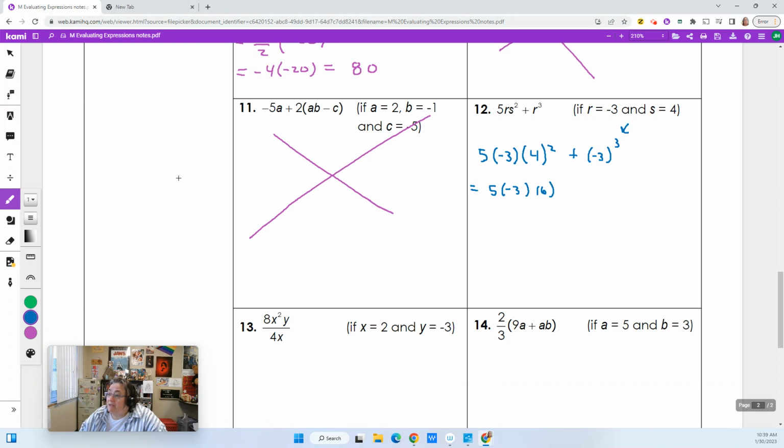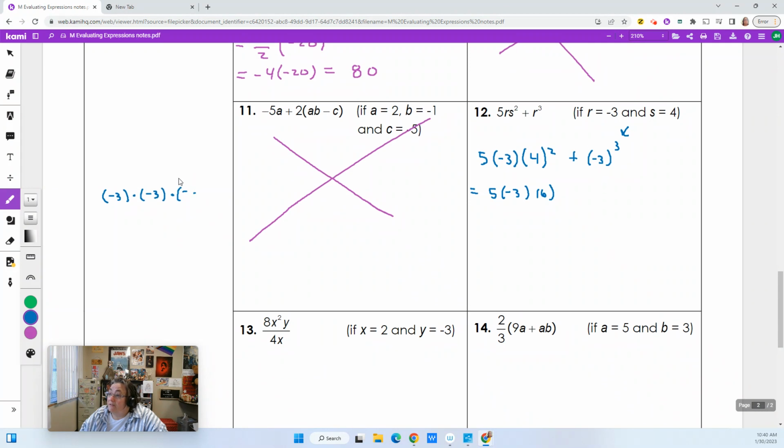This is saying that we have negative 3 times negative 3 times negative 3, right? Well, negative 3 times negative 3 is 9. It becomes positive 9. What if I take that positive 9 and I multiply it times negative 3?